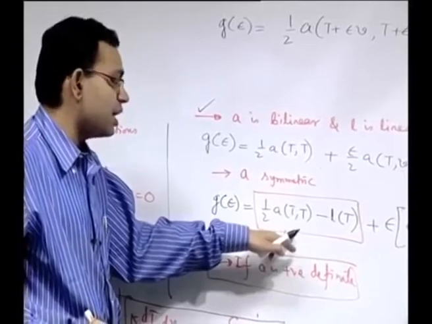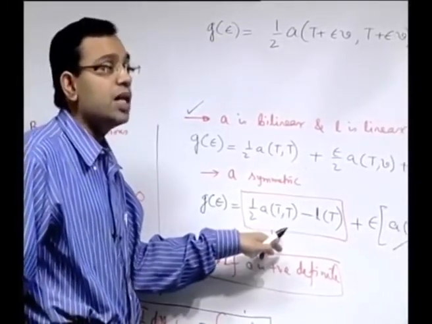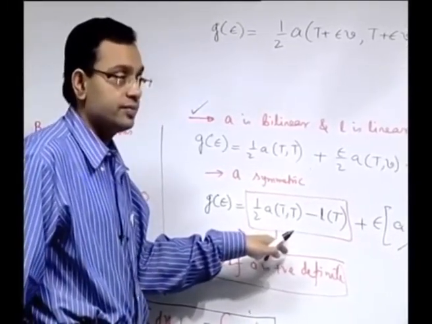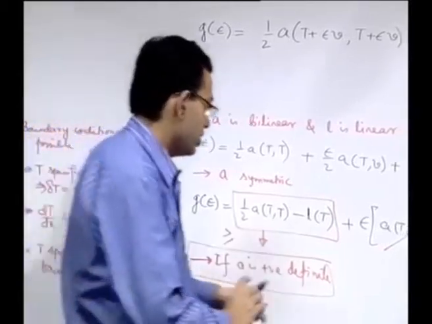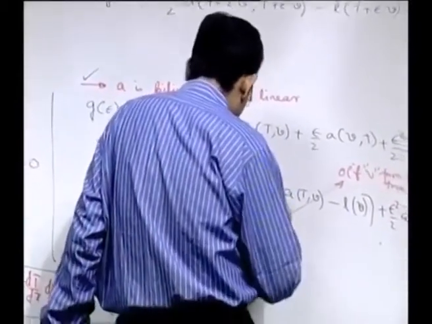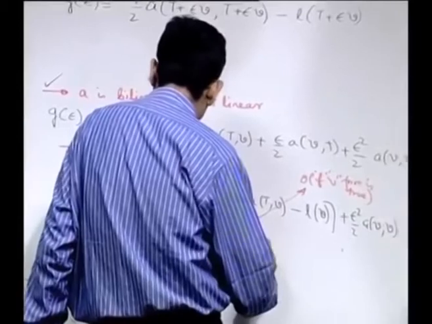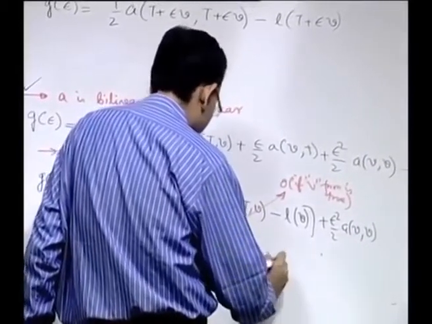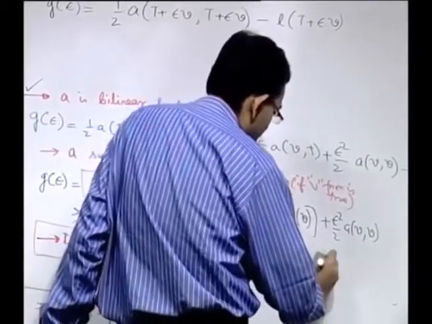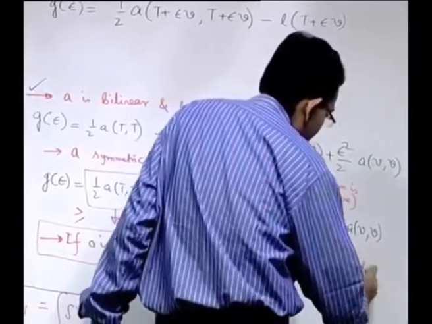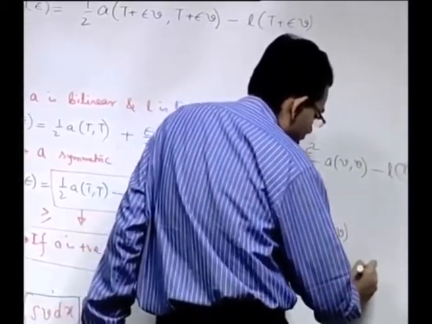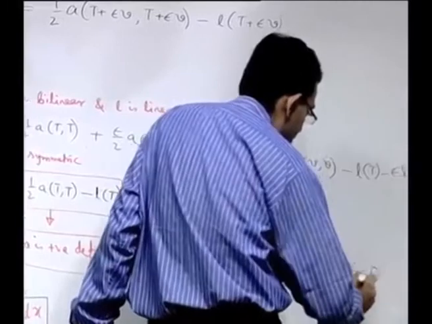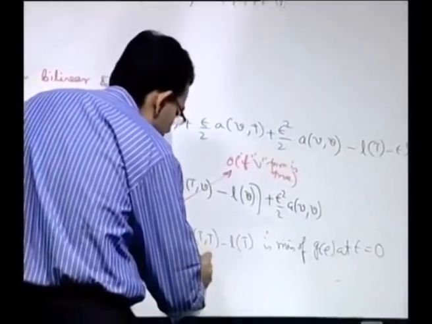That means this term in the box is the minimum of G, right. So this implies that under this condition, half A(T,T) minus L(T) is the minimum of G epsilon at epsilon equal to 0, which is nothing but the M form.